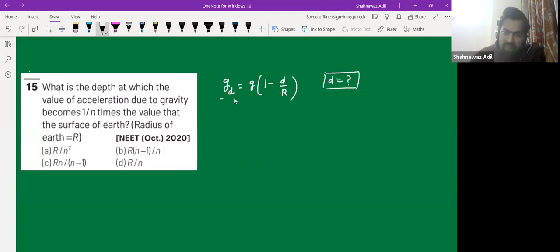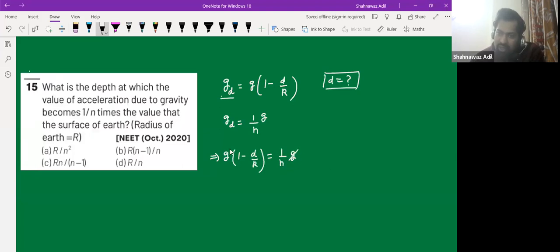They have given that this g_d becomes 1 by n times the value of g. So we can put the value in here: g times 1 minus d by R equals 1 by n times g.